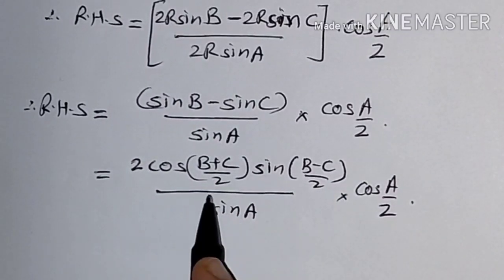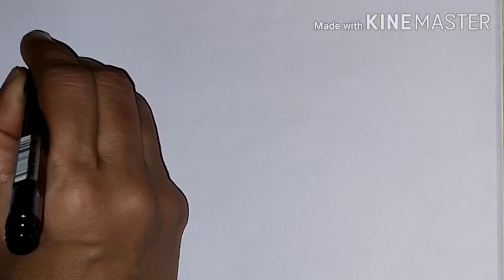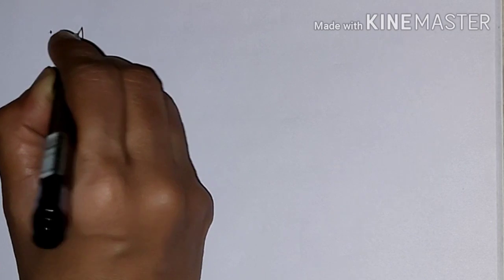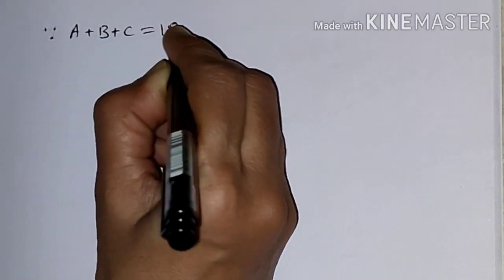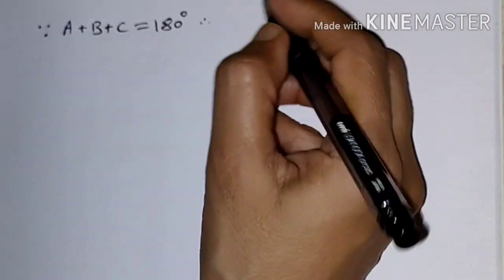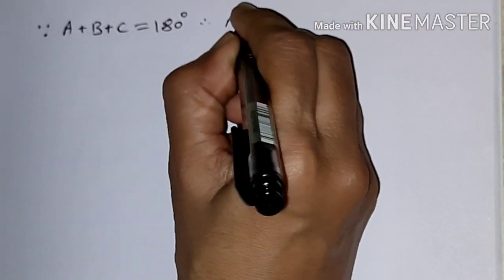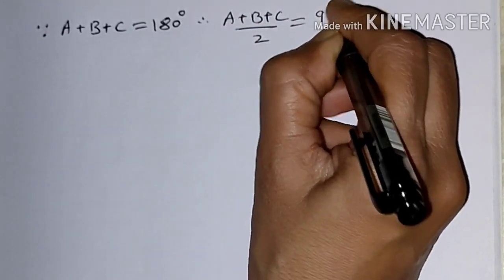Next, A, B, C are angles of a triangle. We know that A plus B plus C is equal to 180 degrees. Therefore, (A plus B plus C) upon 2 is equal to 90 degrees.